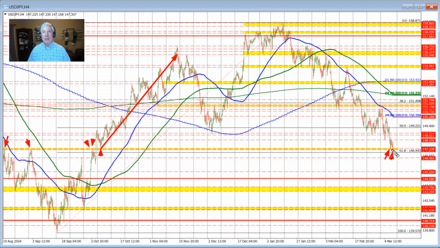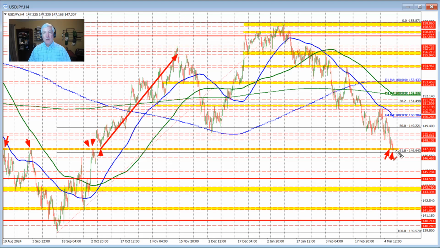That puts us within this area. So if we move above 147.338, that would give the buyers a little bit more hope that the low is in place. Just in the short term, there'd be work to do, folks, but it would be an indication of potentially a rotation back to the upside.